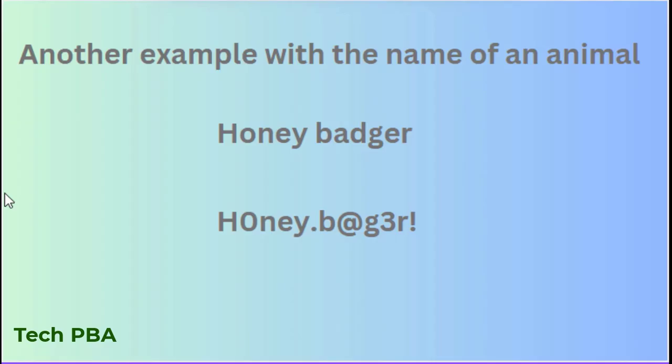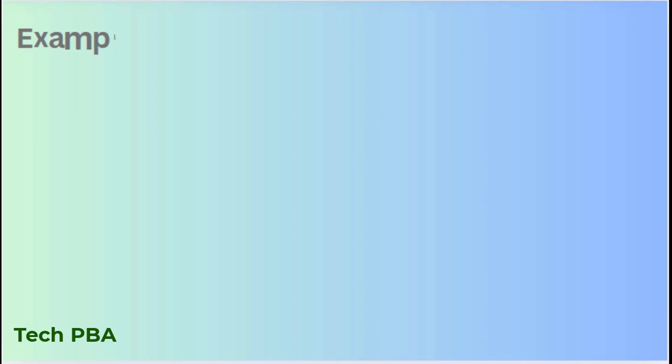In this case, I used the period or point as the separator, and then for added security, I removed the D from the badger, and then the rest of the password follows like that. The E, you can see I represented with the number 3, and then it has the special character exclamation mark at the end.